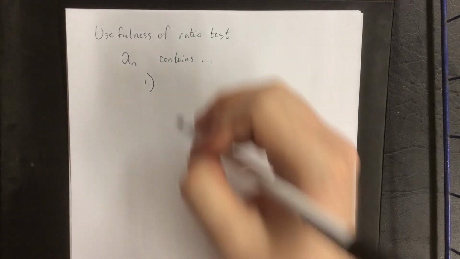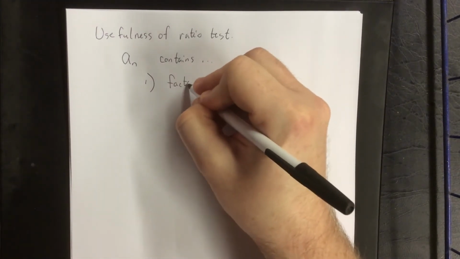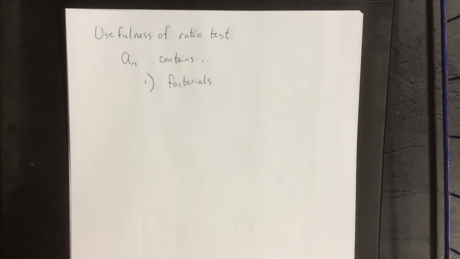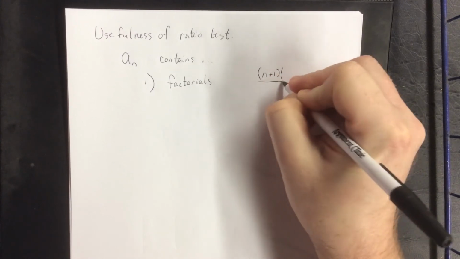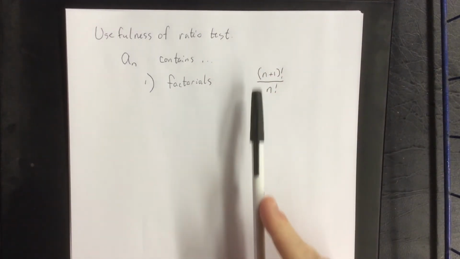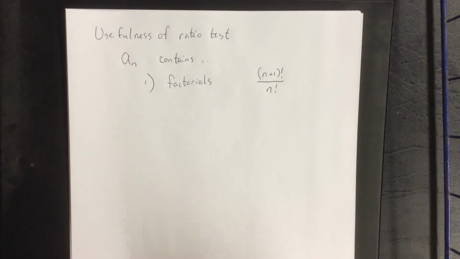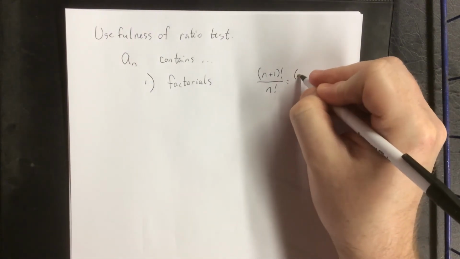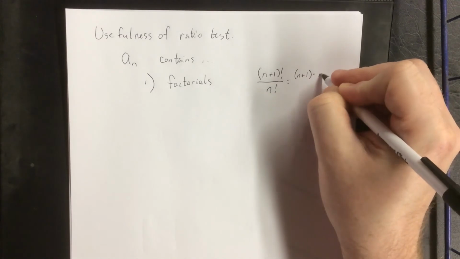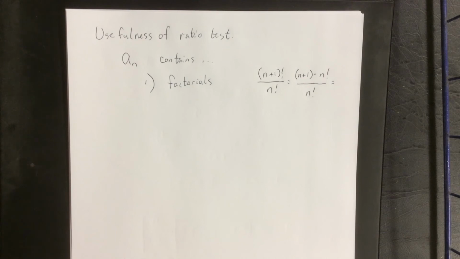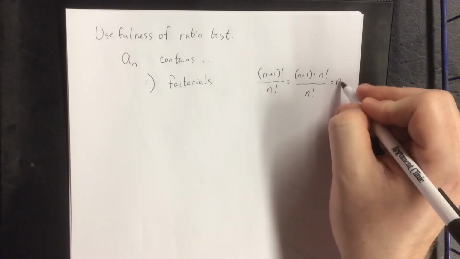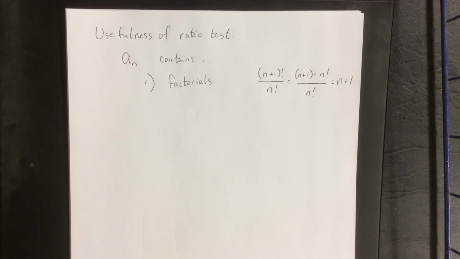The ratio test will be the most useful anytime you see factorials. In fact, anytime you see a factorial, this is basically exactly what you want to do with it. This is due to the fact that if you have an n plus 1 factorial divided by an n factorial, which is what you would get from the term that we use for the ratio test, you can expand the larger factorial to look like the following. This will be n plus 1 times n factorial divided by n factorial, and the factorial reduces really, really nicely.